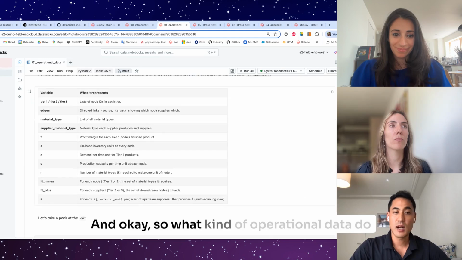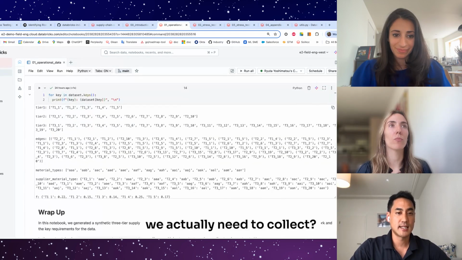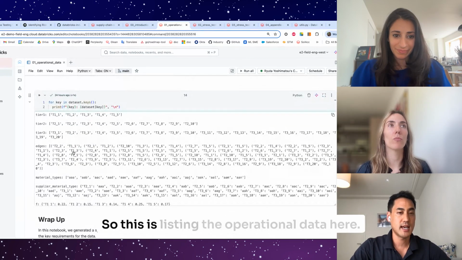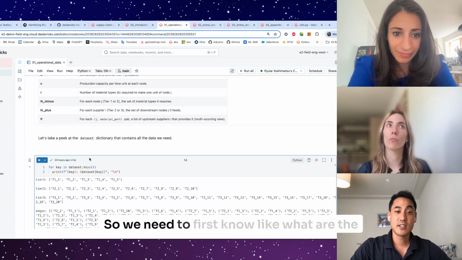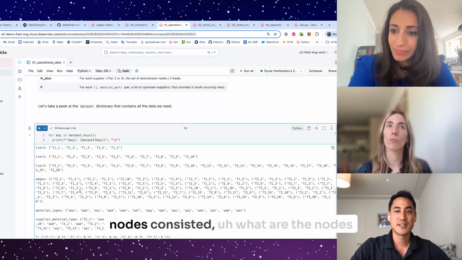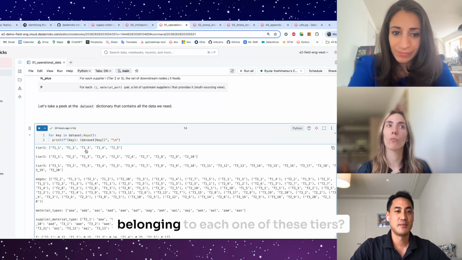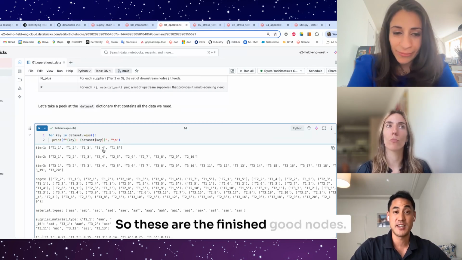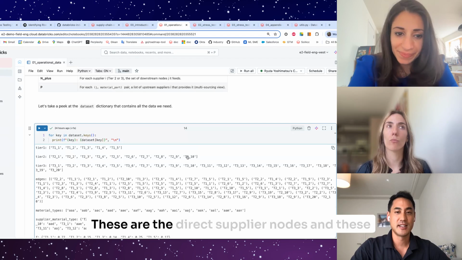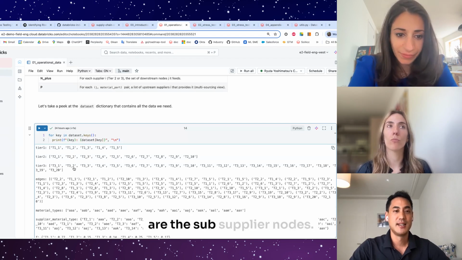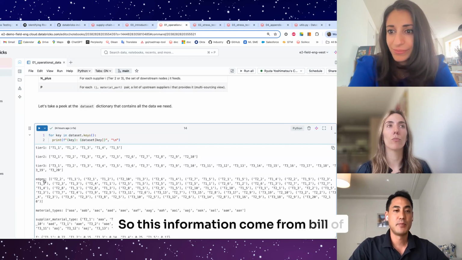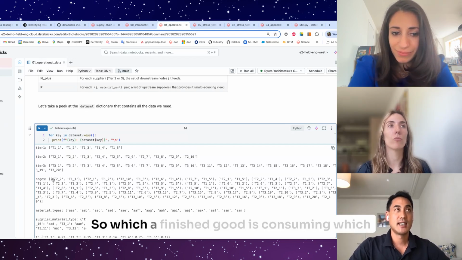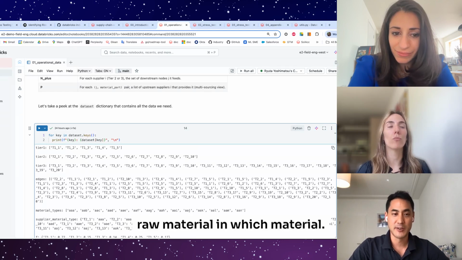And okay, so what kind of operational data do we actually need to collect? This is listing the operational data here. We need to first know what the nodes belonging to each one of these tiers are. So these are the finished good nodes, these are the direct supplier nodes, and these are the sub-supplier nodes. And what are the edges? This information comes from the bill of materials: which finished good is consuming which raw material.